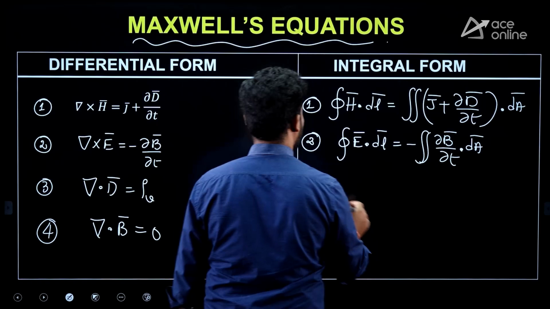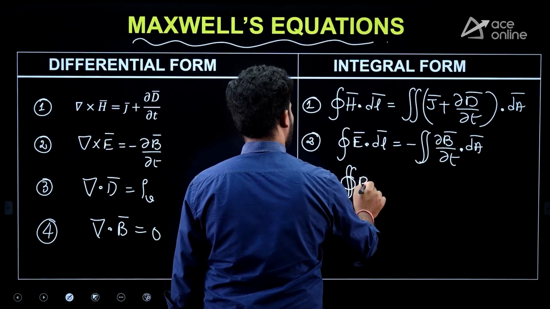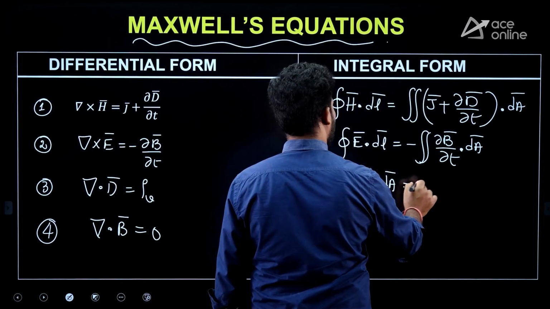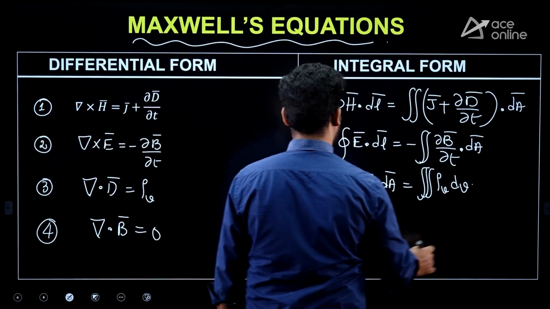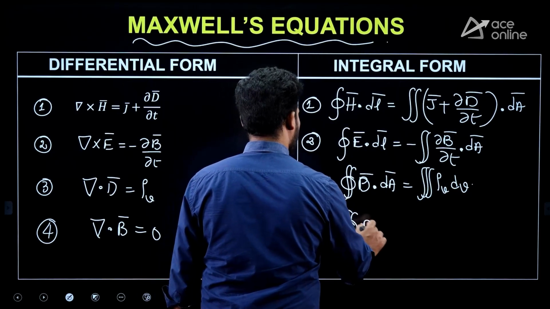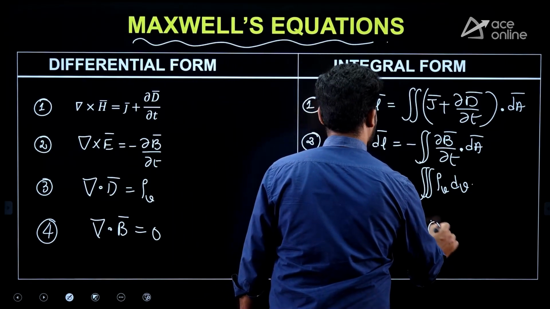Next, number 3, closed surface integral of D dot dA is equal to volume integral of rho v into dV. Number 4, closed surface integral of B dot dA is equal to 0.